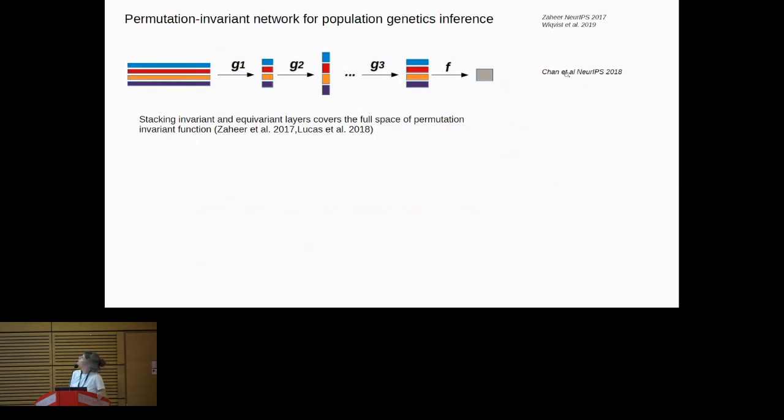And this has been used by this paper that estimates recombination rate along the genome. And this gray invariant operation was a mean.